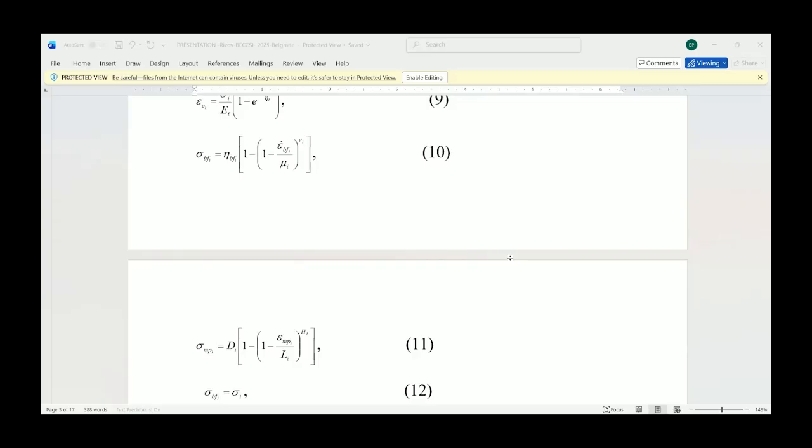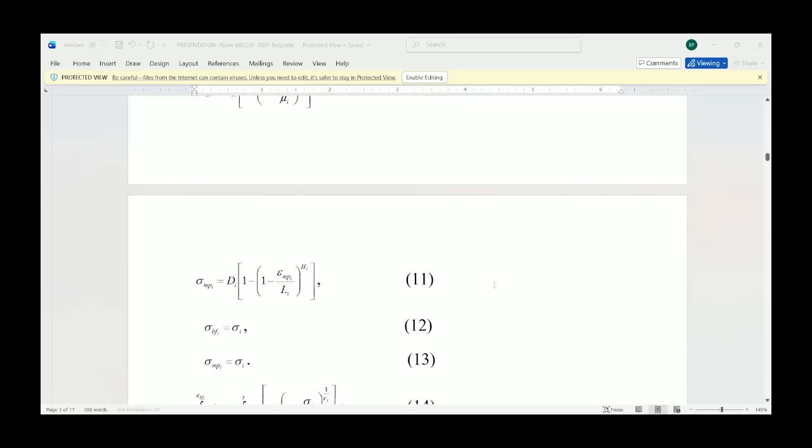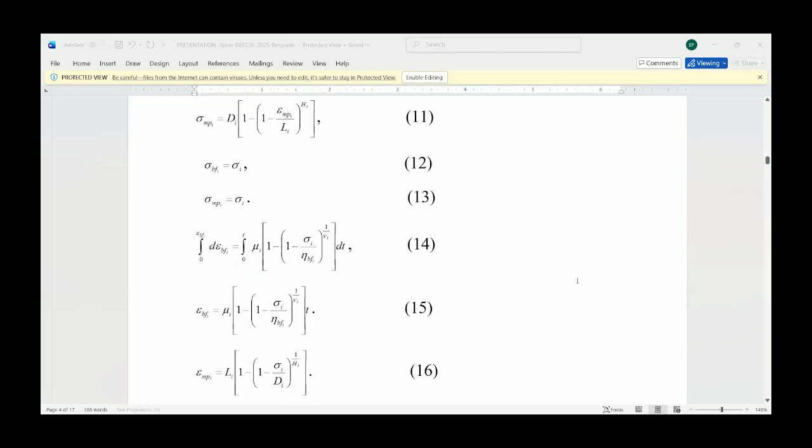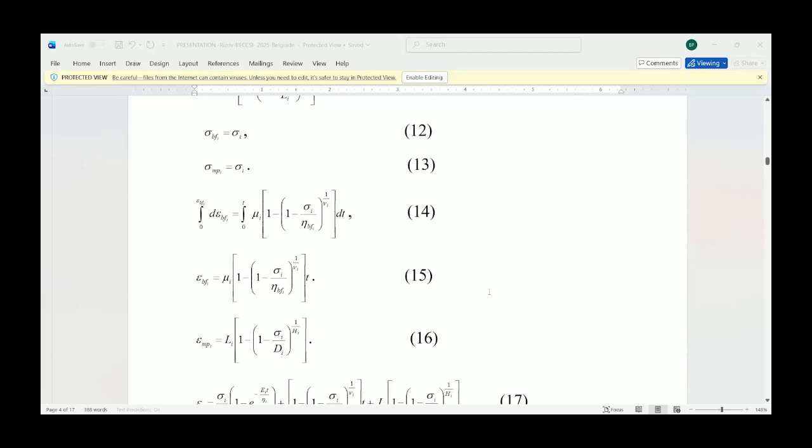From equations number 10 and number 11, after some transformations, we obtain equation number 14. This equation leads to equation number 15. Then, using equations number 11 and 13, we find the relation that is given in equation number 16.